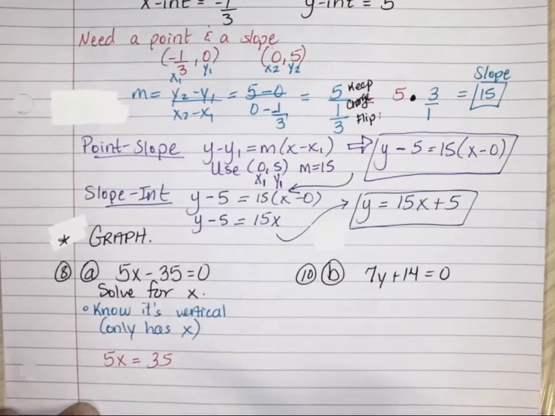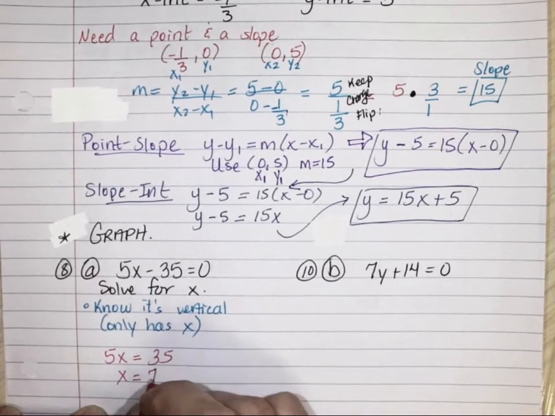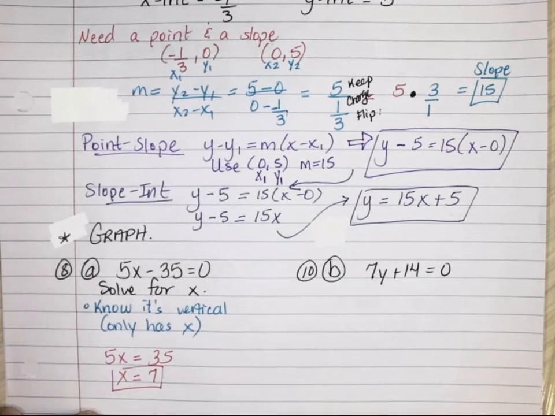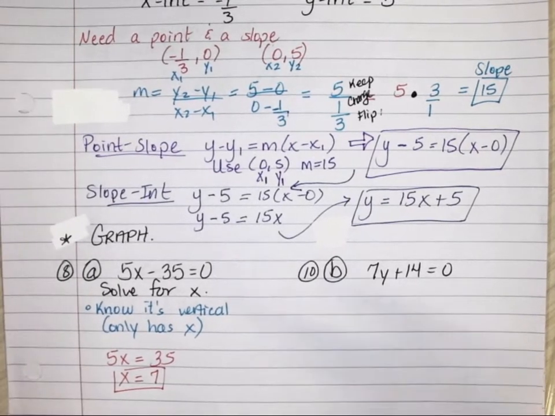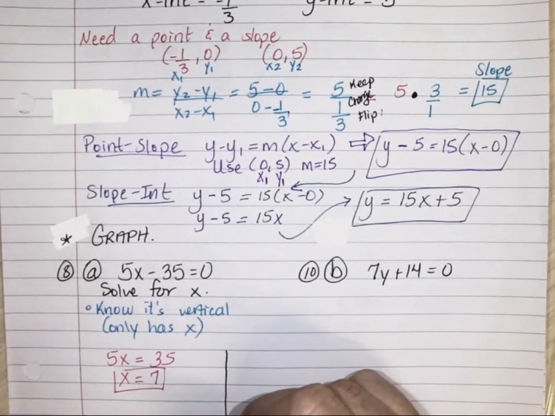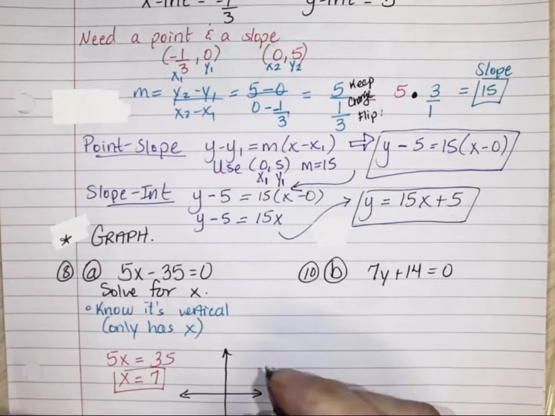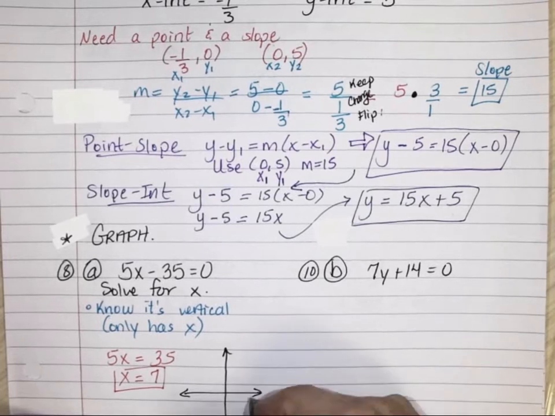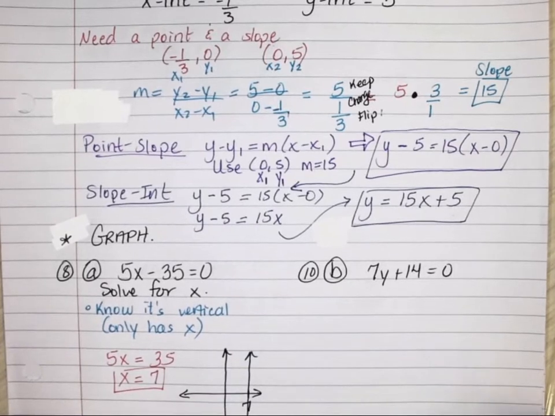Add 35, divide by 5, and you get 7. And then you can sketch. They provide a graph, of course, in MATLAB, but if you sketch it, I'm just going to say 7's down here, and that would be a vertical line through 7.